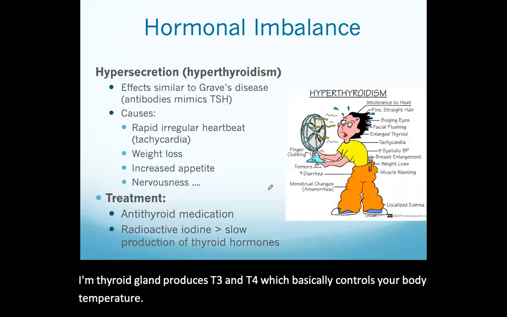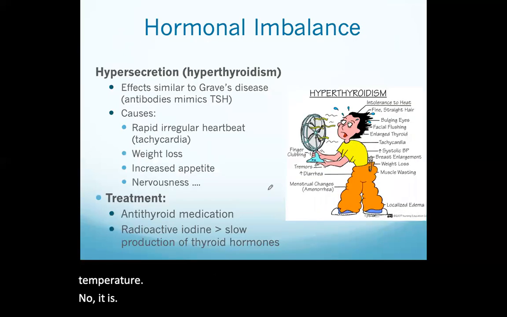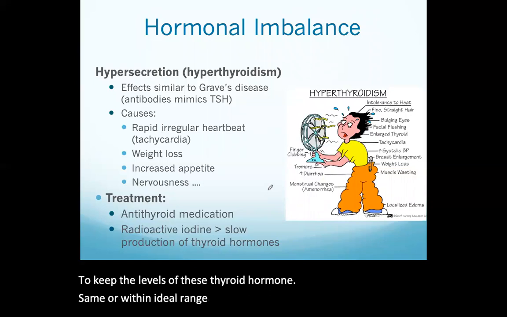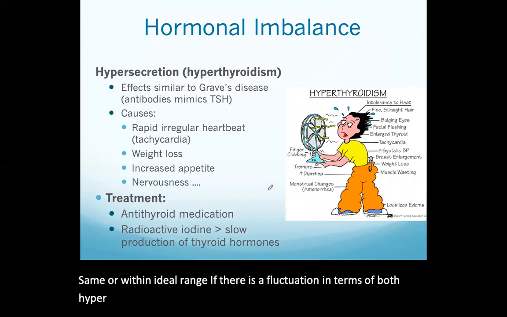Now, it is extremely important to keep the levels of these thyroid hormones within ideal range. If there is a fluctuation, both hypersecretion or hyposecretion, you will see major changes within the body.